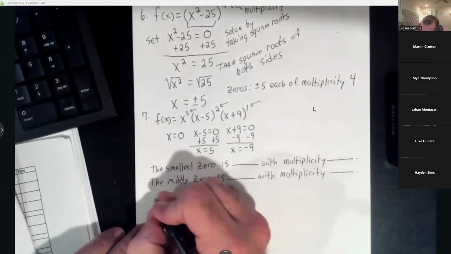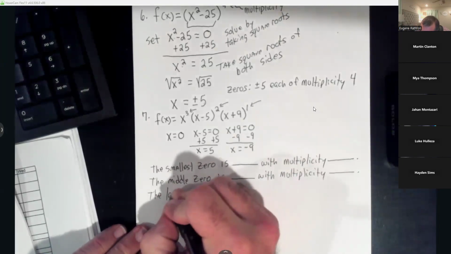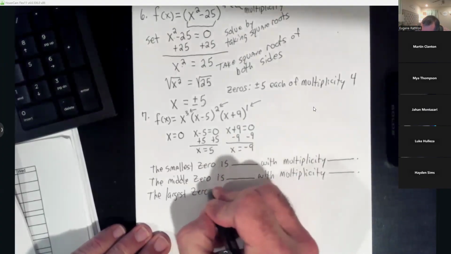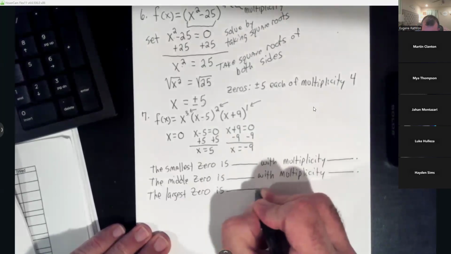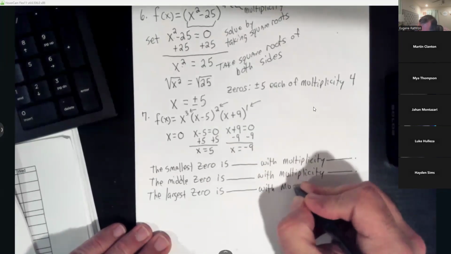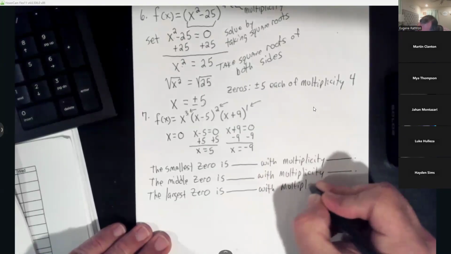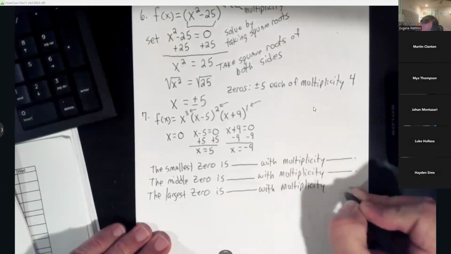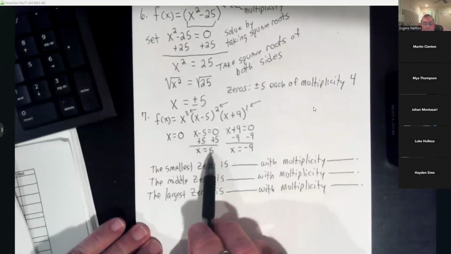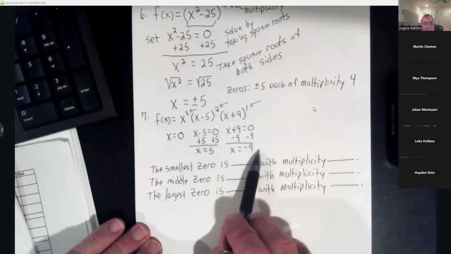And then finally, the largest 0 is blank with multiplicity blank. All right, so I got a 0, a positive 5, and a negative 9.